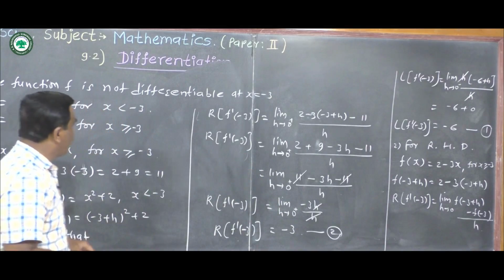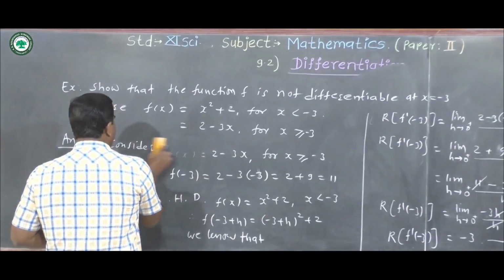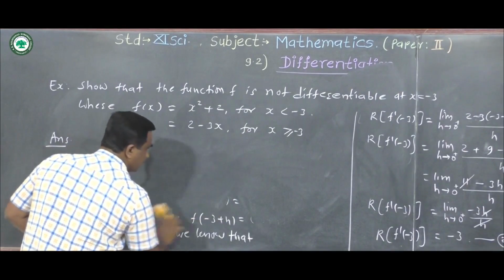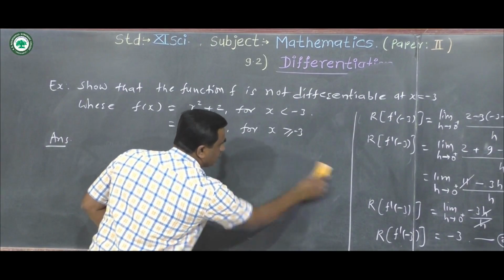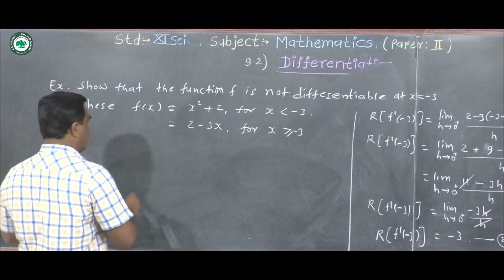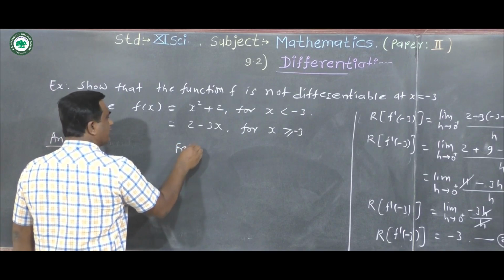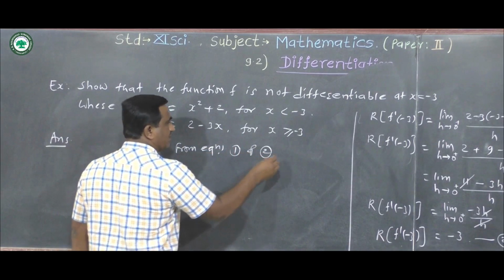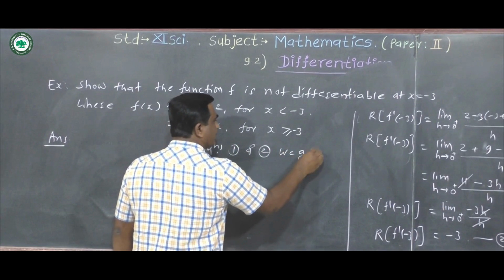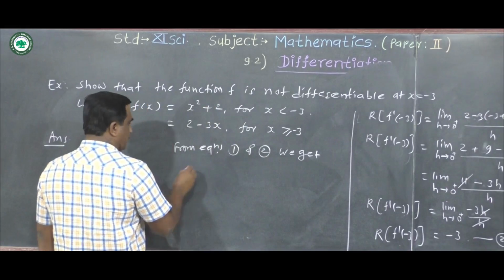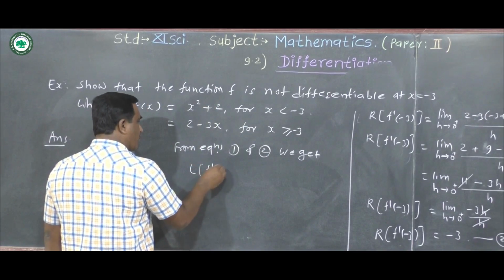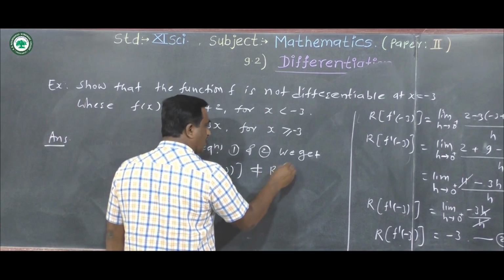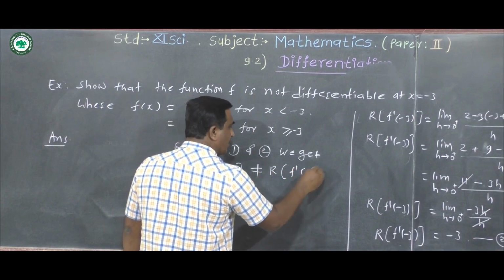That is, from equations first and second, we get L f dash of minus 3 is not equal to R f dash of minus 3.